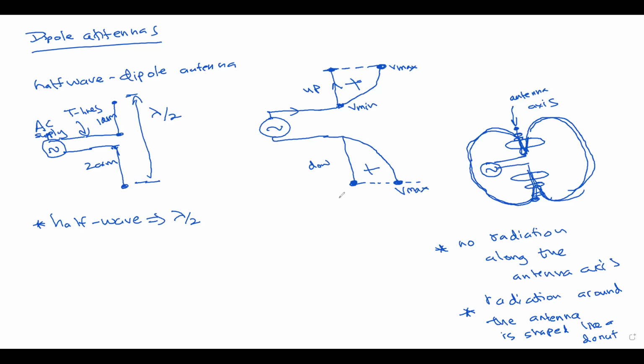If we do not use the length of the antenna exactly as lambda over 2 or very close to that, then what happens is, say the antenna length is lambda, so lambda over 2 on both sides.